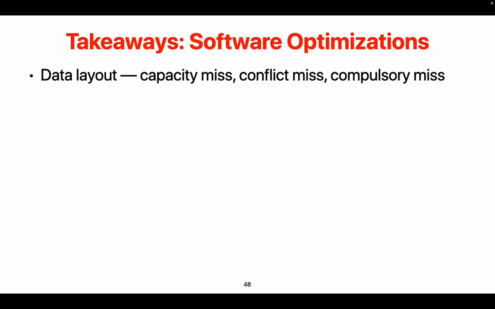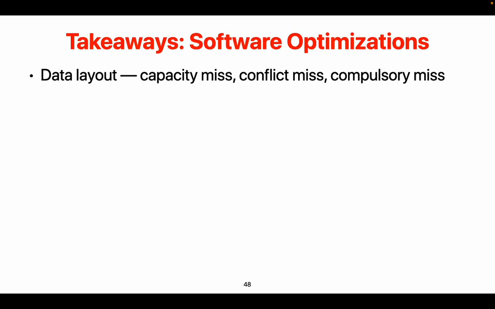However, if you are going to use this column many times, and if this is a really large column, you are going to reduce the cache capacity that we need for this access. So you can reduce the capacity misses.